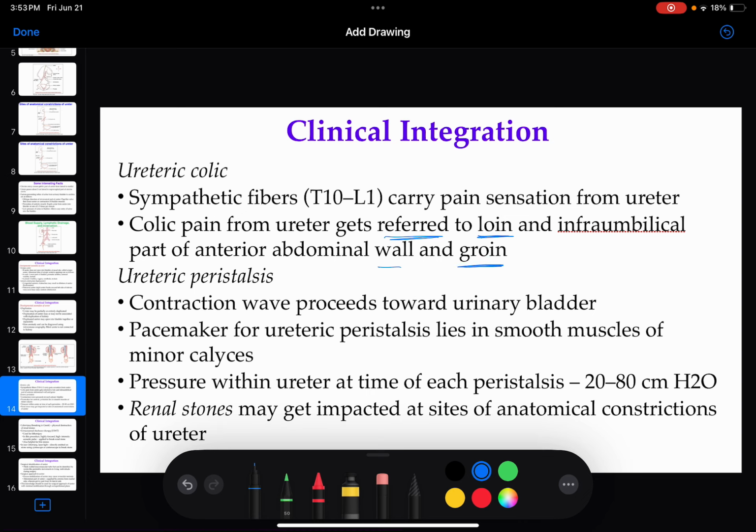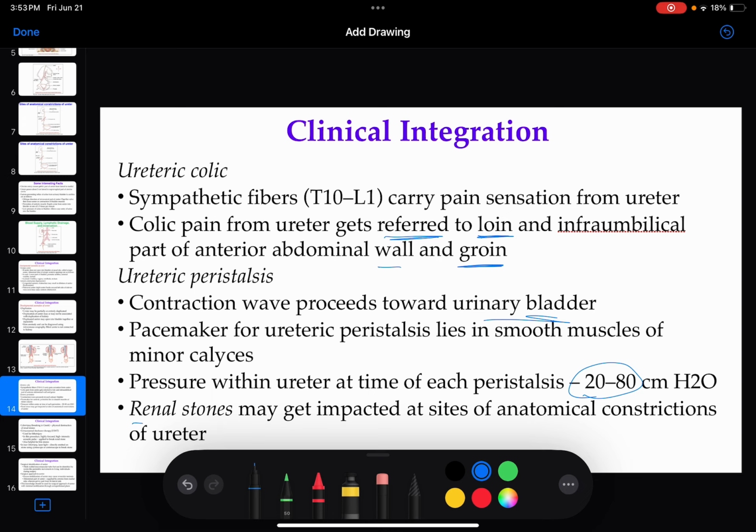Ureteric peristalsis is nothing but a contraction wave produced by the pelvis and minor calyces that proceeds towards the urinary bladder. So this is the ureteric peristalsis. Pressure within the ureter at the time of each peristalsis will be 20 to 80 centimeters.